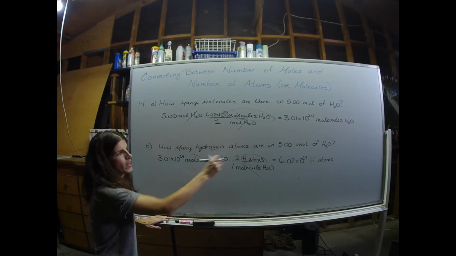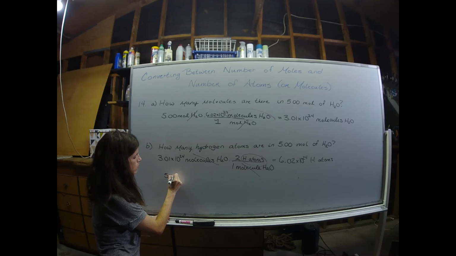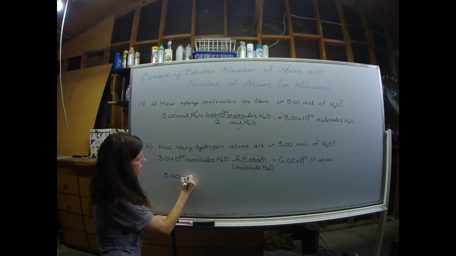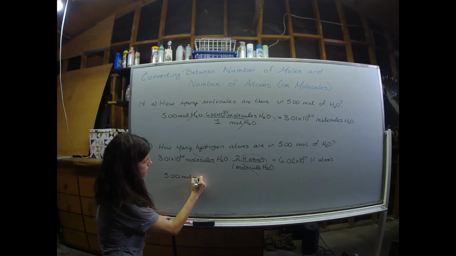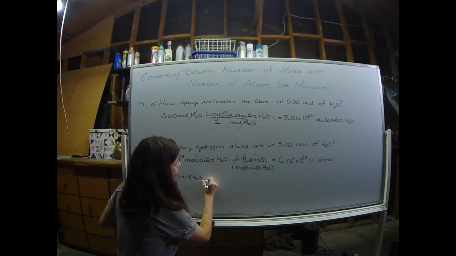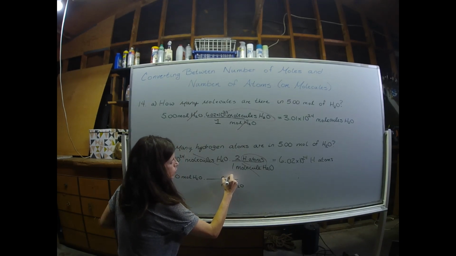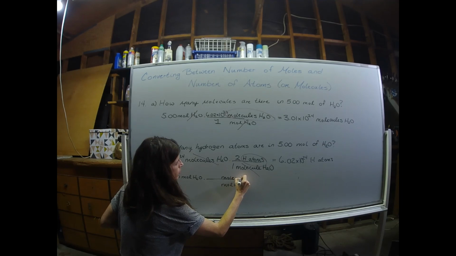Of course, we can also start with the 5.00 moles of water. Our conversion factor will have moles of water on the bottom, and then molecules of water in the numerator.